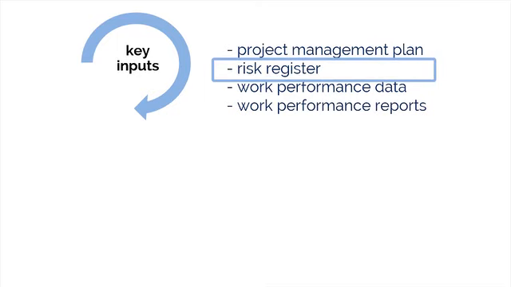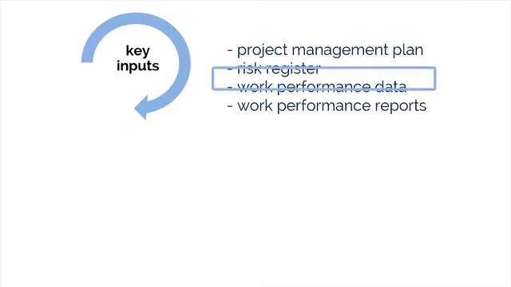The risk register now has key inputs that include identified risks and risk owners, agreed upon risk responses, control actions for assessing the effectiveness of response plans, risk responses, specific implementation actions, symptoms and warning signs of risk, residual and secondary risks, a watch list of low priority risks, and the time and cost contingency reserves.